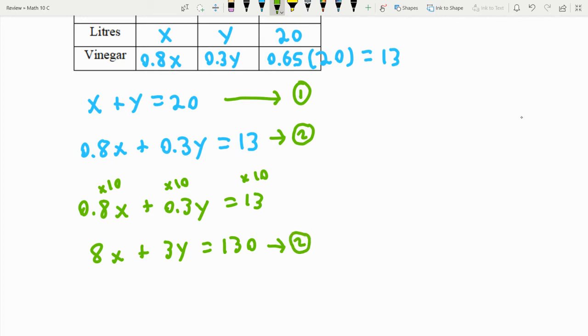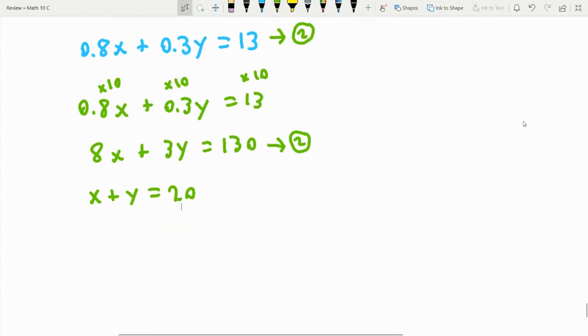Let's also manipulate equation 1 and have it as x equals or y equals. In this case, I'm going to choose y equals. So I would start with x plus y equals 20, and I'm going to subtract x from both sides, which would leave me with y equals negative x plus 20. And that would be equation 1 now.